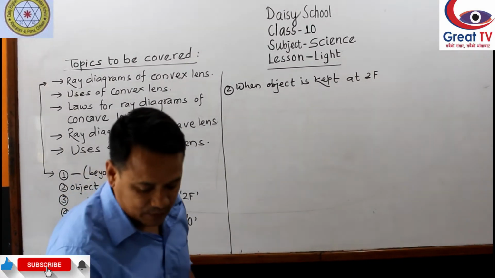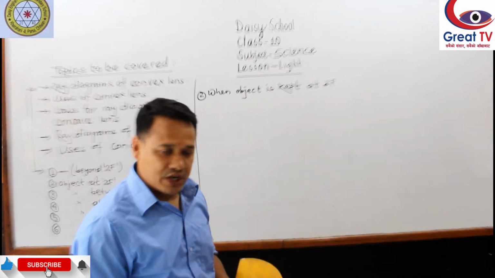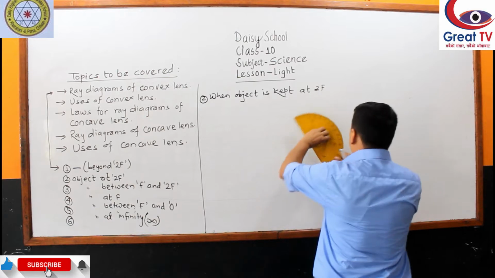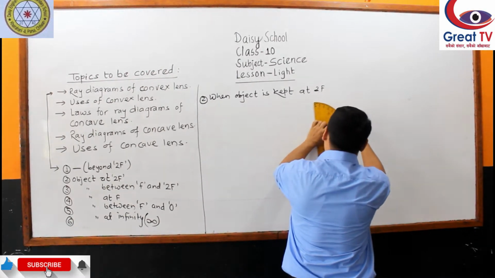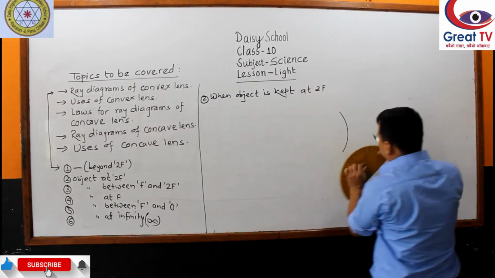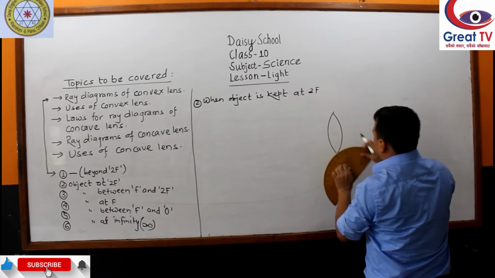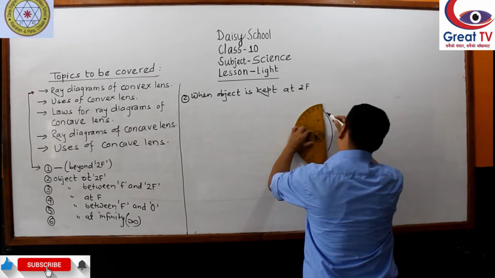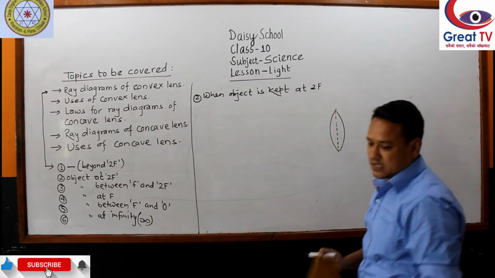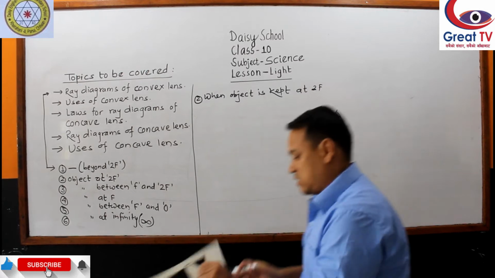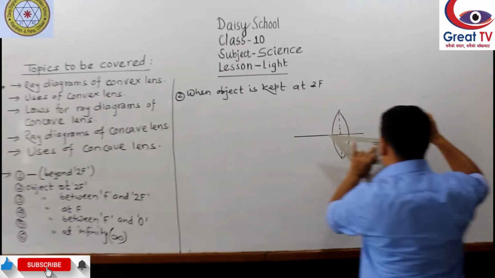Similarly, we have to draw the convex lens as we did in the previous video. First of all, with the help of a compass or protractor, draw a convex lens. After that, draw the principal axis through its middle part.